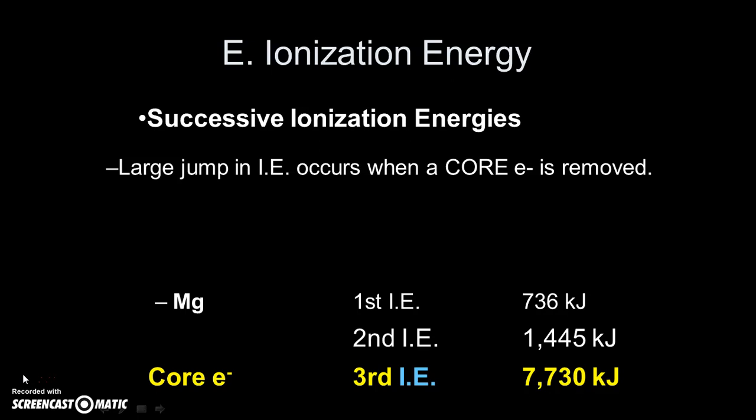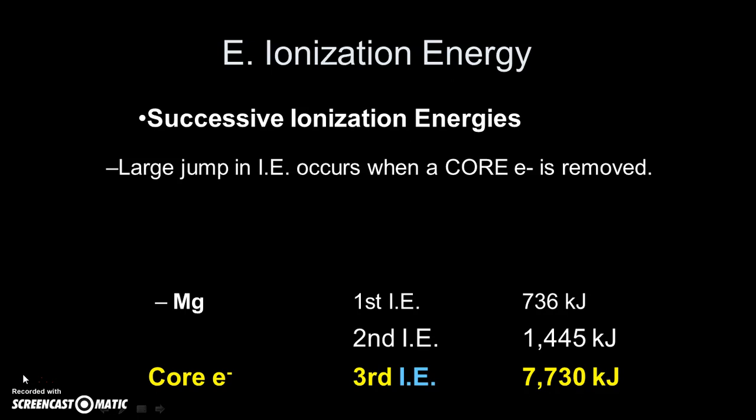Let's look at magnesium, for example. If we look at the ionization energies for magnesium, we see that the first and second ionization energies are relatively low. And then we go to remove that third electron, and there's a huge jump in energy. It'll give up those first two electrons fairly easily, but that third one takes a tremendous amount of energy. That's because magnesium wants to achieve a noble gas configuration.